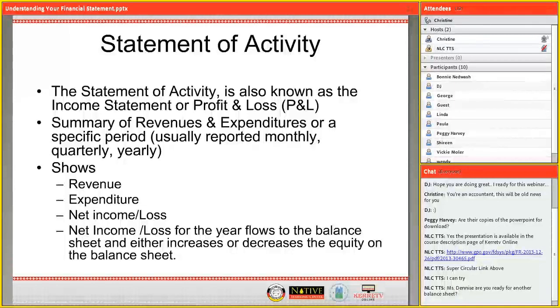Okay? If you have anything that's not, in accounting we call it below the line, and it's something that's not really to do with operations, such as a tribal transfer. That's not really an operation.